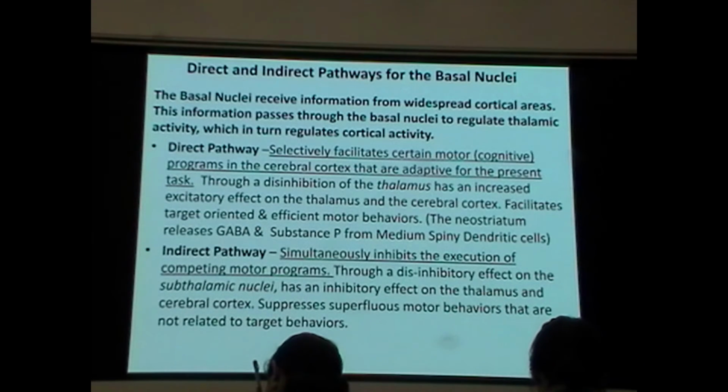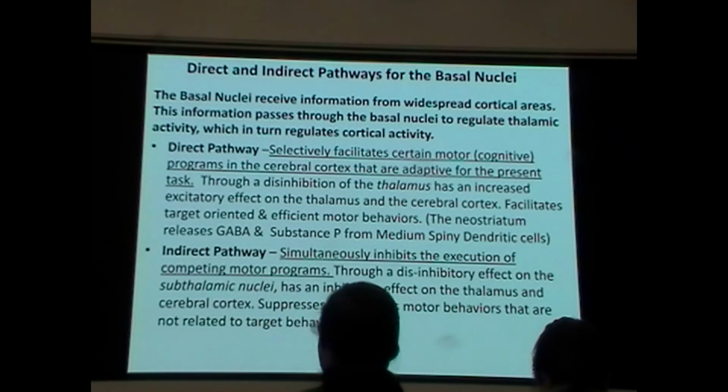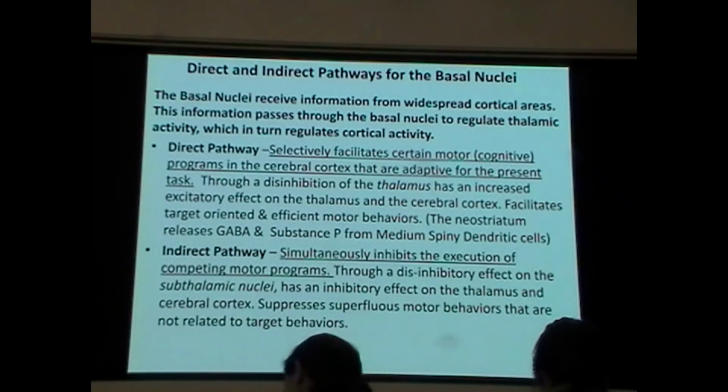So if the globus pallidus interna is not selectively inhibited by the striatum, it is going to have an effect of tonic inhibition on the thalamus. If the cortex decides to move, it's going to stimulate the striatum to be excited and to release GABA on the globus pallidus interna.